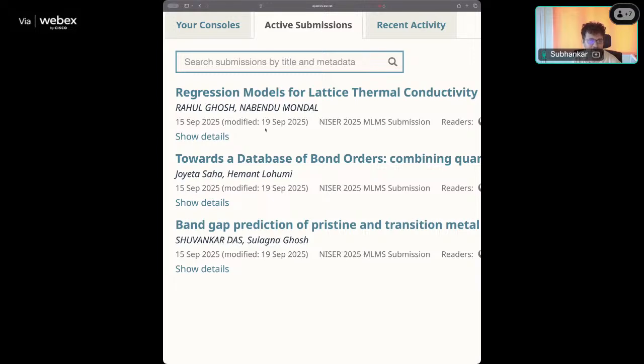I have Rahul, Navendu, Joyata, Hemant, Shubhankar, and Sulagna. So if any of you present who are registered for credit have not submitted your proposal, without a project you will not be evaluated and you will not get the credit. Technically, they will not pass, no matter how well they score in the exam.